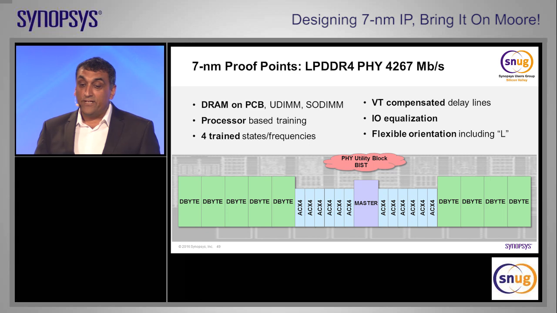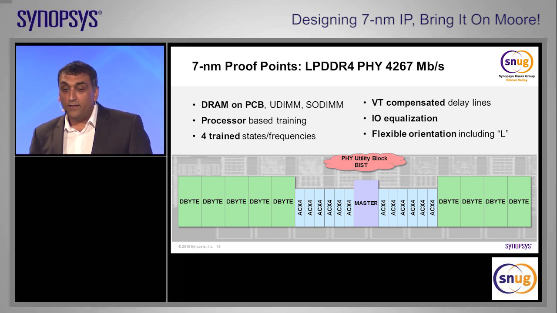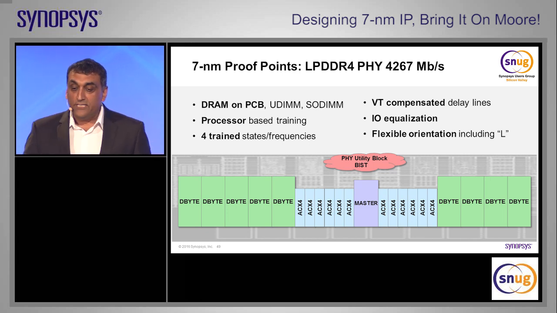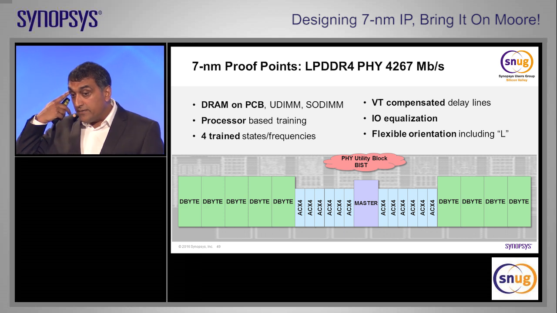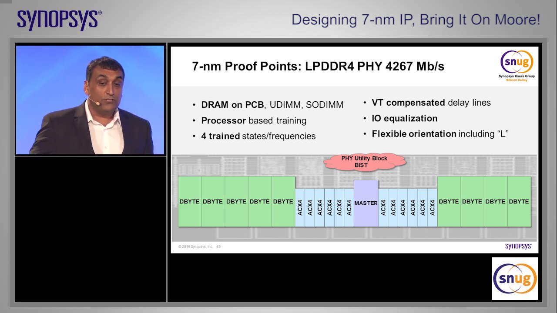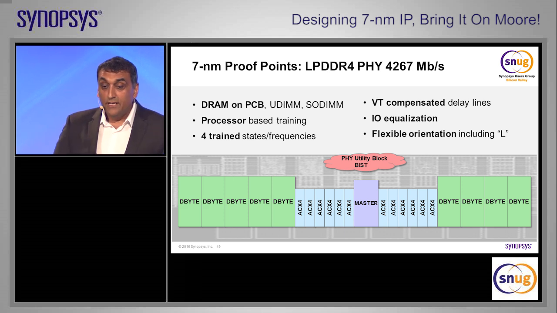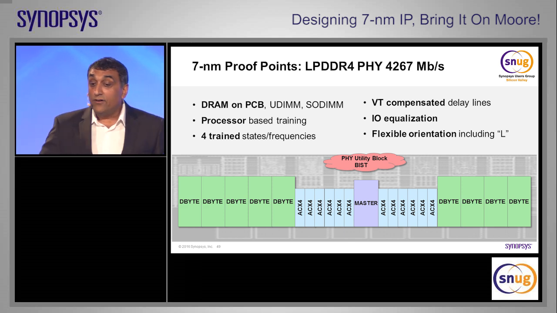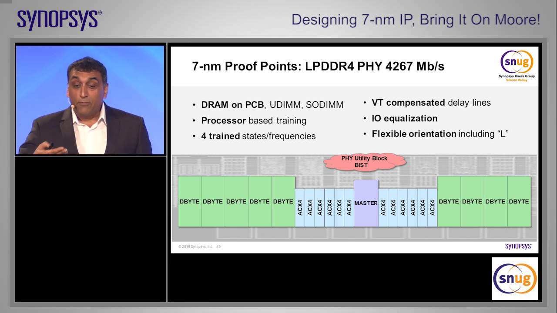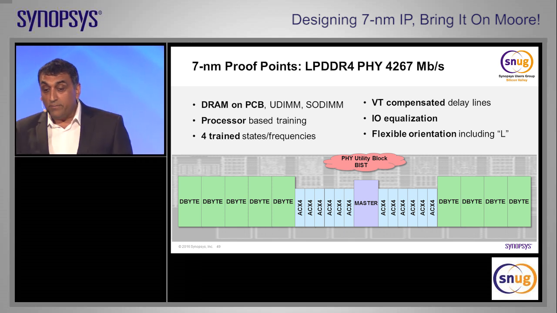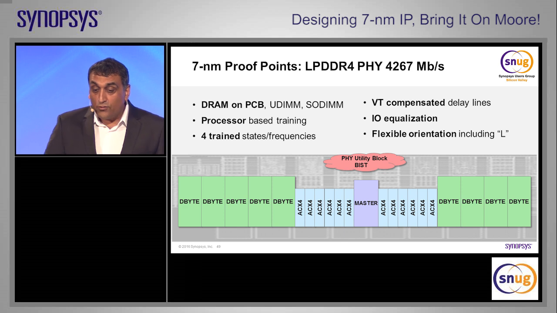DDR, high-speed memory interfaces. I've picked LPDDR4 here. Again, it's a 7-nanometer proof point. This is running at 4267 megabits per second. It's designed to work on most common requirements in terms of PCB, UDIMMs, SODIMMs, so soldered down DIMMs. It has a very unique technology for training. It's based on a microprocessor. Okay, this does basically all the compensation that's required.